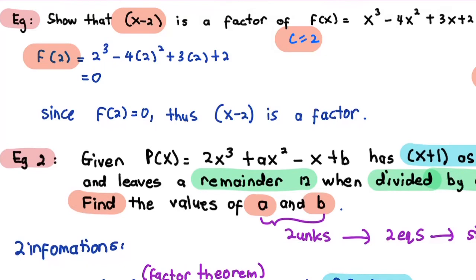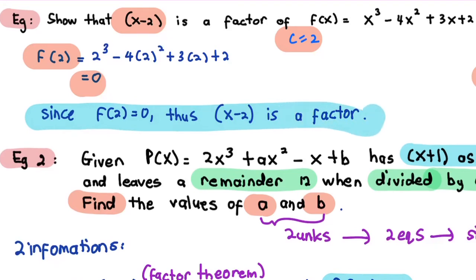So let's try. This is f(2) because we want to check for this number. So this is equal to 2 cubed minus 4 times 2 to the power of 2 plus 3 times 2 plus 2. And this is equal to 0. So we can conclude the answer: since f(2) is equal to 0, therefore x minus 2 is a factor.